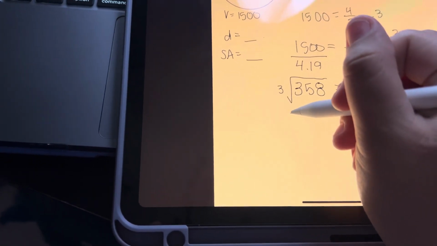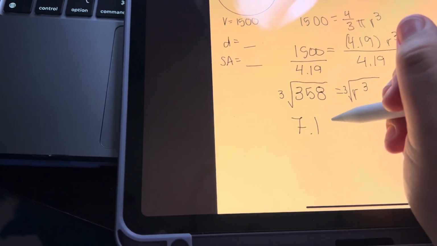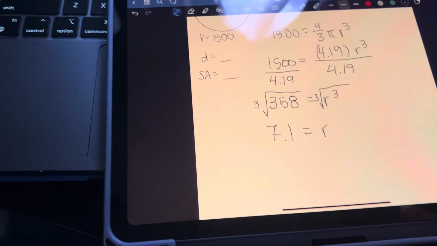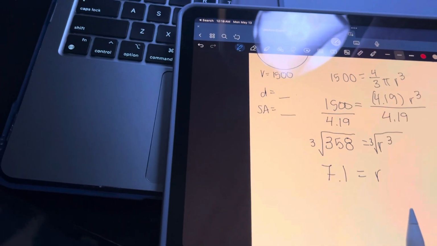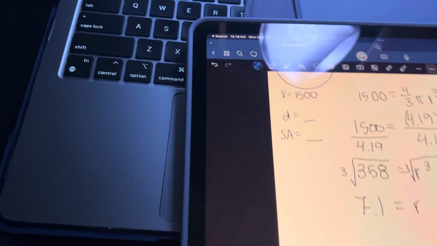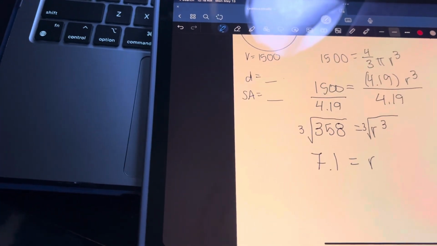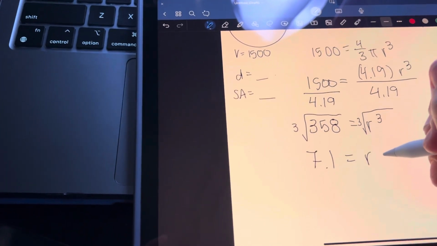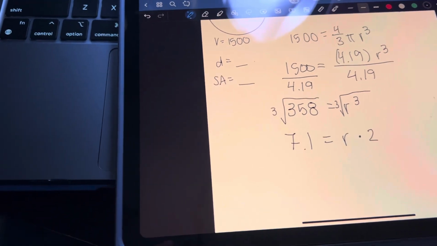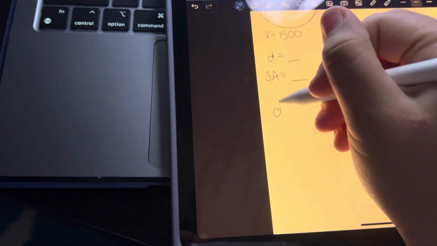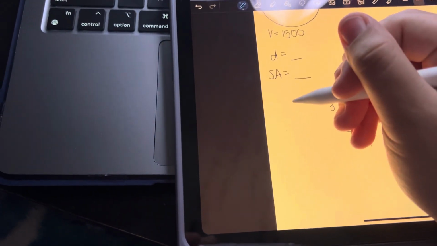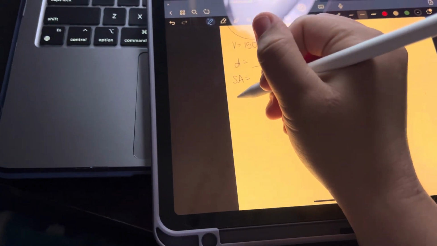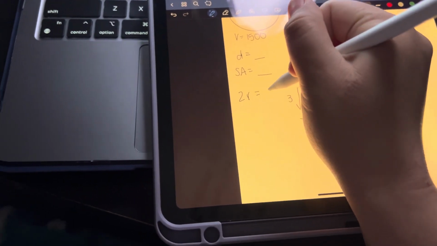So now that we have 7.1 equals radius, we do know that radius is half of diameter. So the way to get diameter is by multiplying radius by 2, because 2 times radius equals diameter.